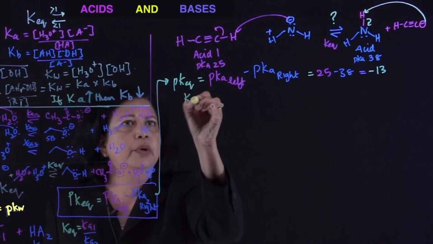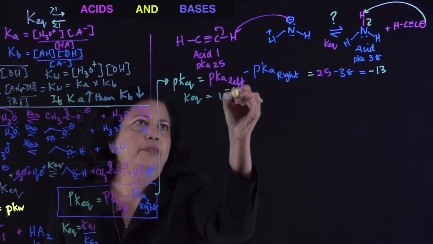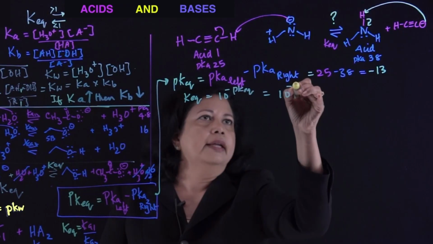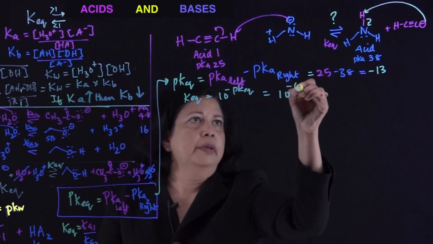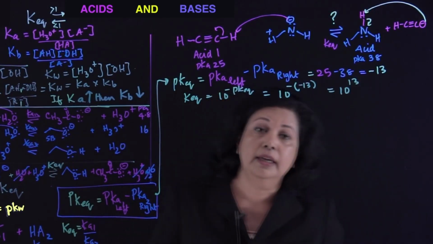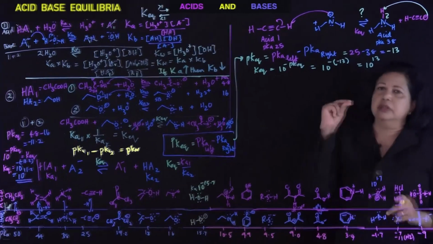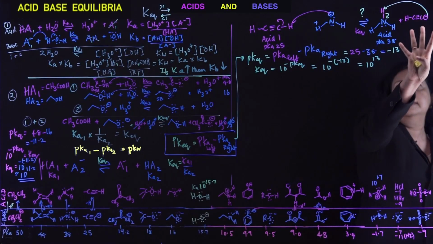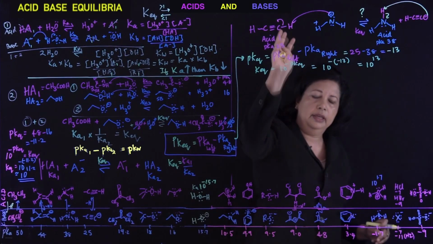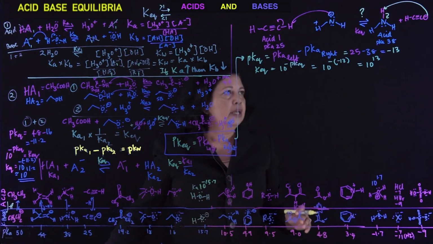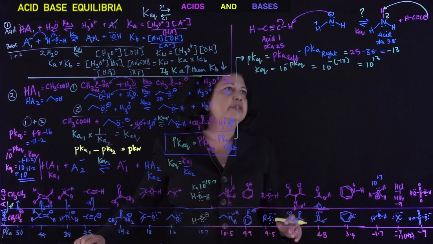Because K equilibrium is 10 to the negative pK equilibrium, and so that is going to be 10 to the negative of negative 13, that is 10 to the 13. So that's a huge value. This is going to go almost completely to this side. There's going to be hardly anything here. So this is a very nice way to predict whether something's going to go left or to the right.